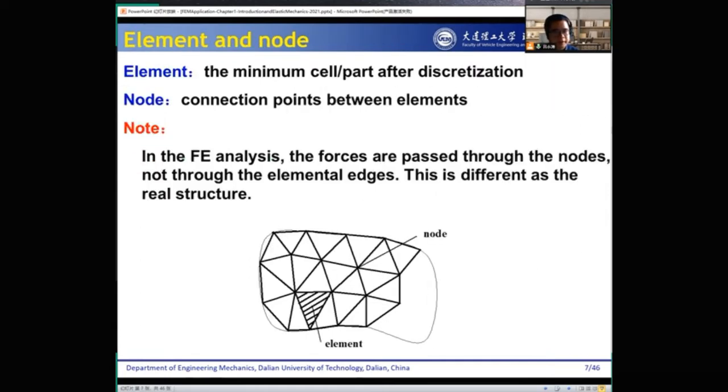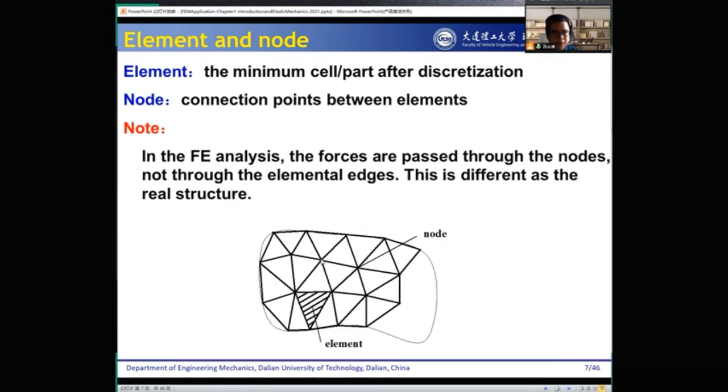And then the definition of the element, and also of the nodes. What is the element? The element is the minimum cell or the minimum part after the discretization. And what is the node? The node is the connection point between elements. For example, here we have the discretized object, and those triangles are the elements, and the points between the triangles we call the nodes, the element nodes.